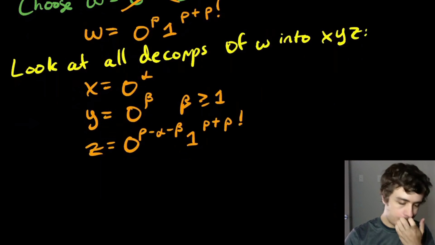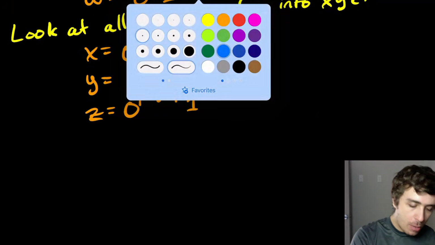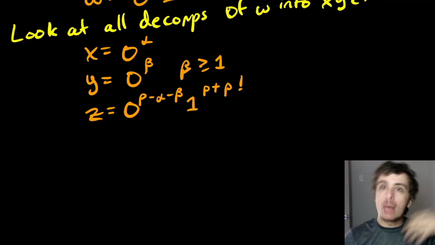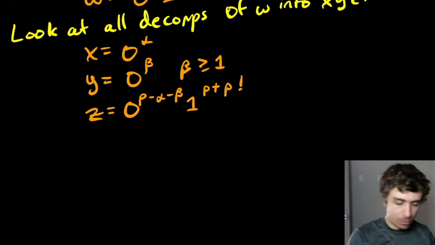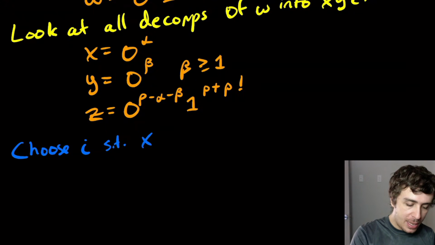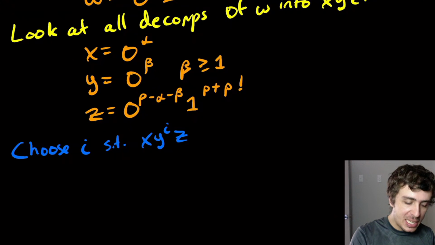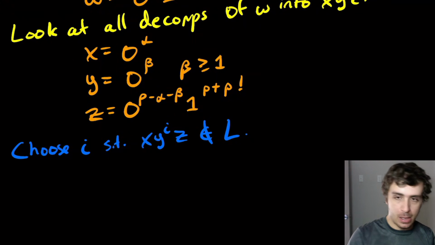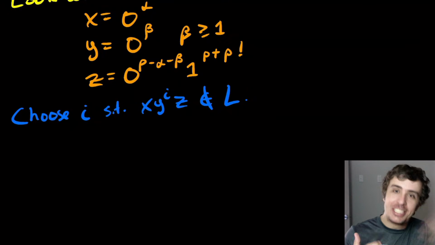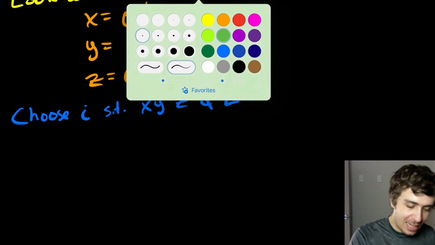Still there. Okay, so now we want to see when this thing is in the language, and we want to pick an i for which it's not in the language, because we want to contradict what the pumping lemma says. So we want to choose an i such that x y to the i z is not in L. But we had better figure out when it is in the language so that we can figure it out later.